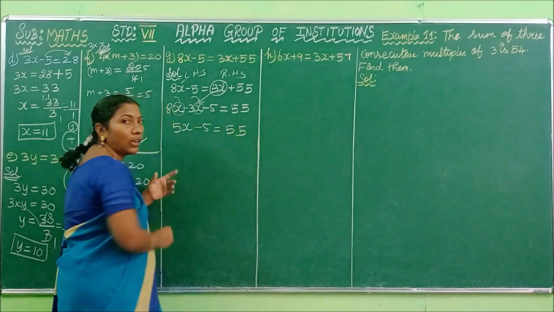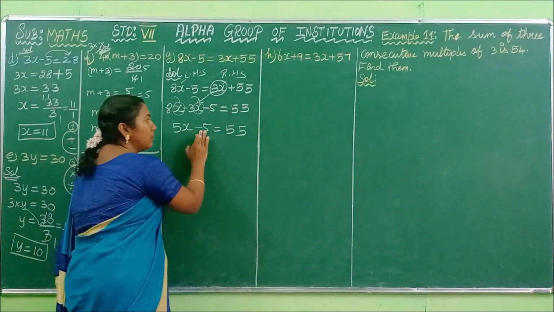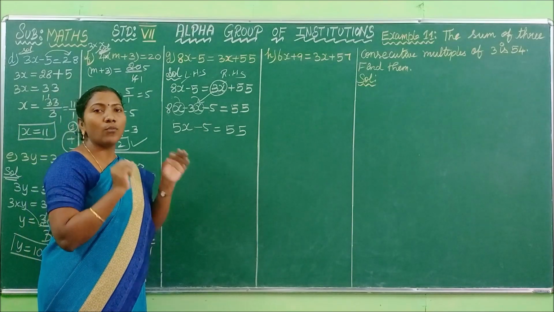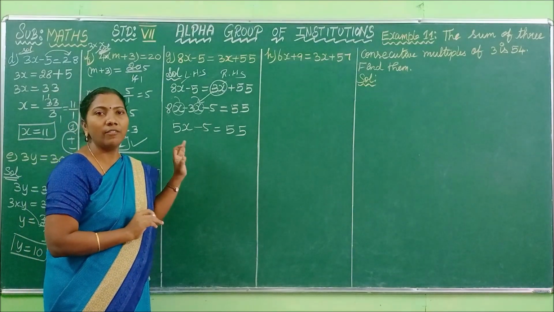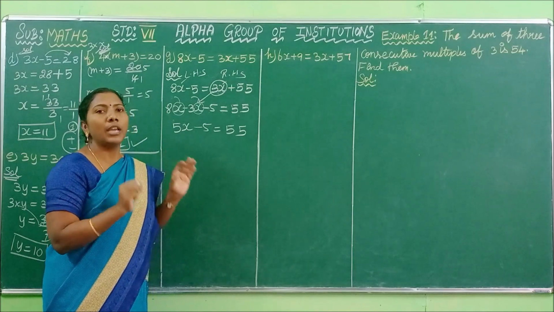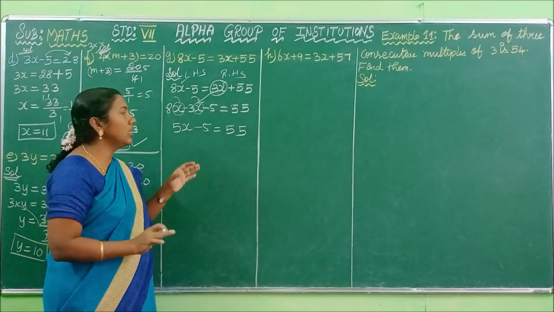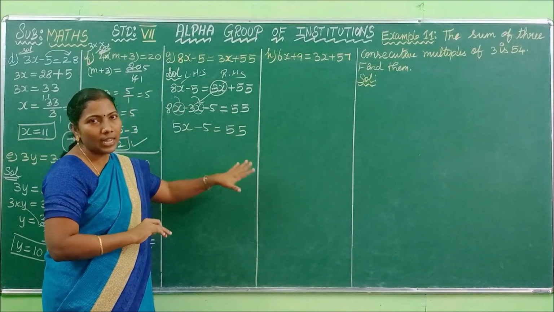I hope you all understand up to this step. Understand children? Next we are going to send this minus 5 to this side. Why are we doing this? Because to find the value of x, we are doing like this. To find the value of the variable, we have to make the variable free from all the terms. For that we collect the variable on one side and the numerical values on the other side.